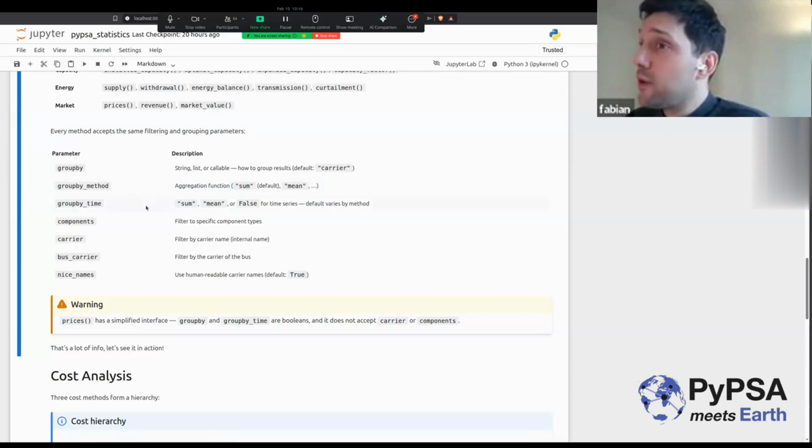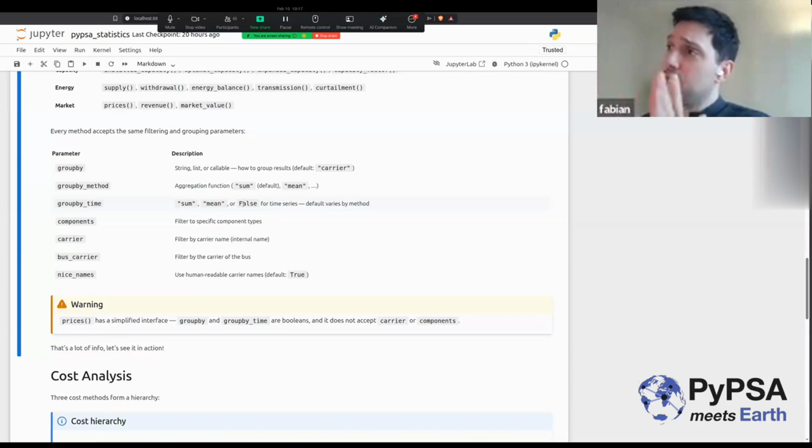And then when it comes to aggregation of time series, we also have different options that we can pass. This is done by the groupby_time argument. For now, we support sum, mean, or False as the aggregation of time series, where False will just give you the whole time series in a non-aggregated form.